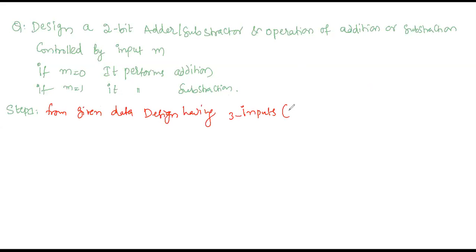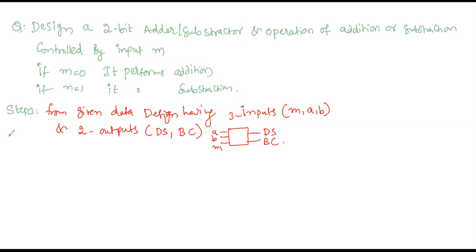Okay, M, A, B. We are subtracting A, B. M is controlling. And 2 outputs: D, S, difference sum, borrow, carry. Okay, these are 2 outputs. So the block diagram is 3 inputs A, B, M, and 2 outputs DS, BC. Now step 2.